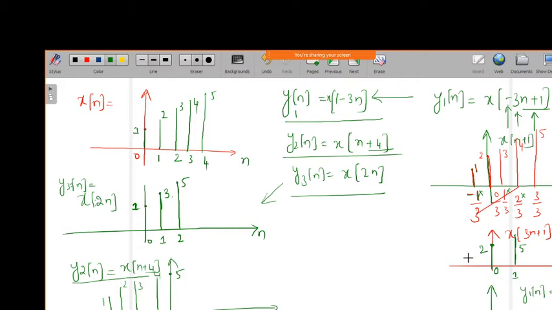So now if you reflect this one, at minus 1 you will get amplitude value 5, and at 0 you will be having amplitude value 2. So now have you got it? Any doubt again?